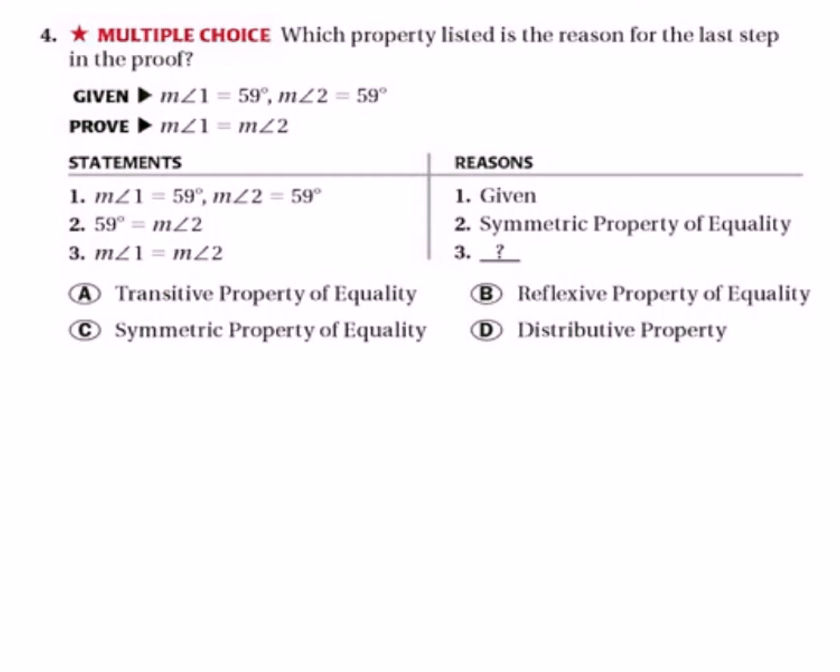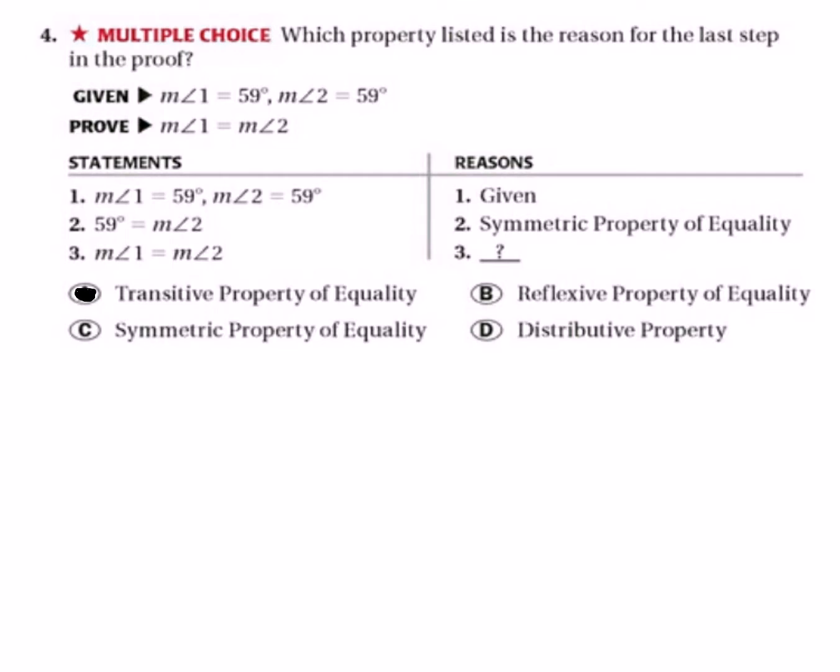But we need to know why it is transitive before we conclude that it's transitive. To look at transitive, we want to rewrite steps 1 and 2 so we can see the transitive property of equality.